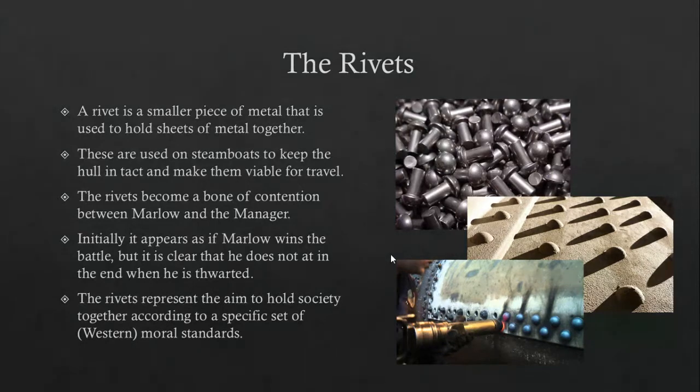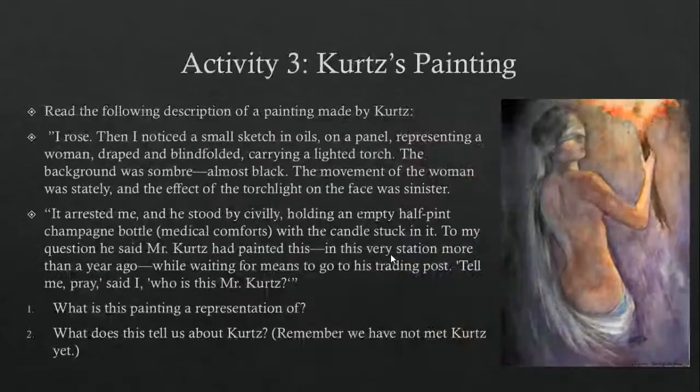And the general understanding of what the rivets represent is the holding together of Western society's morals and standards at this point. Because without this sort of bar to set and hold things together, you're going to just disintegrate further and further, exactly as Kurtz has done.